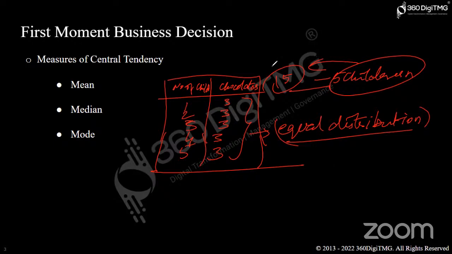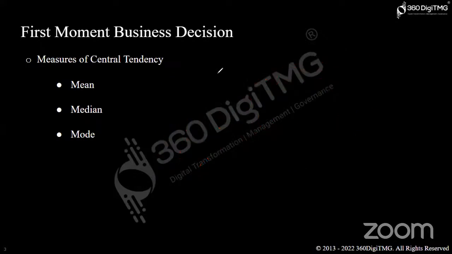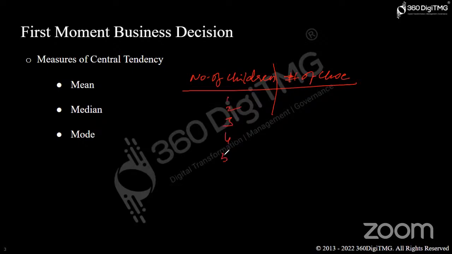Now say I like the second child very much, and I'll give that child 4 and cut short the first child. I'll write it once again: number of children and number of chocolates, 1, 2, 3, 4, and 5.